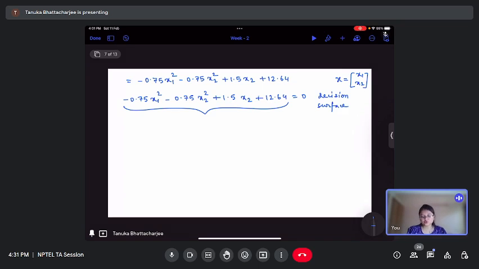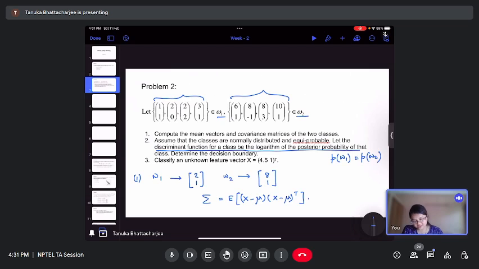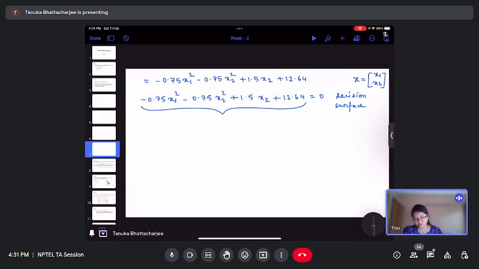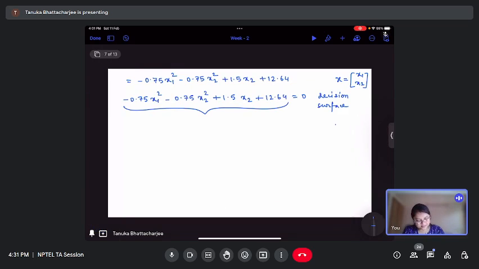If you put in a training sample, let's say sample 20 from the first class, so x equal to 20, you get minus 0.5 into 4, x2 is 0, plus 12.64, which is, as you can see, greater than 0. So it belongs to class omega 1.